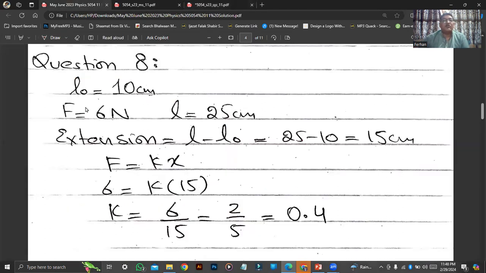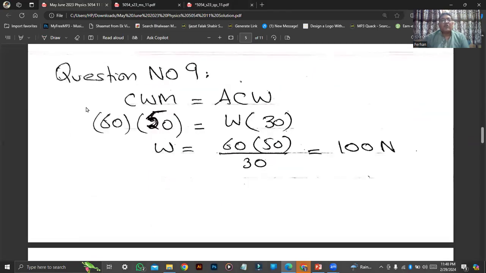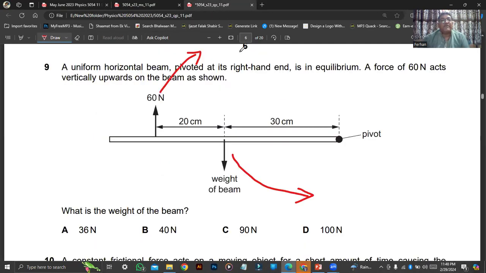Very simple. Let me show you. The clockwise moment and the anti-clockwise moment will be equal to each other. So 60 multiplied by 50, because the moment arm of this force from the pivot is 50, and the moment arm for this weight is 30.